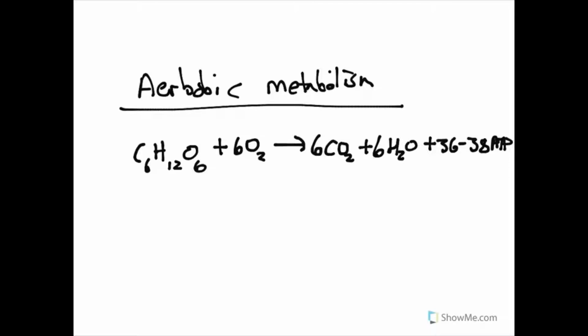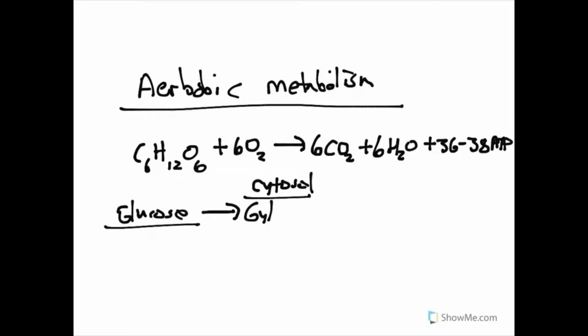Now, anaerobic metabolism, and if you want to make sure that we understand glucose is the start of that, well, when glucose comes in, glucose, which is outside in the ECF, will then be brought into a cell, into the cytosol, and in the cytosol there is a process called glycolysis.